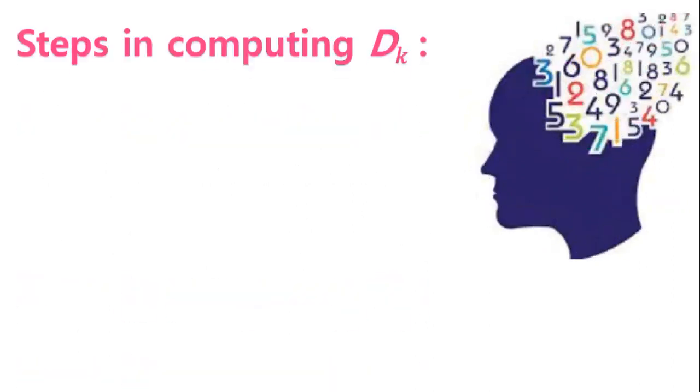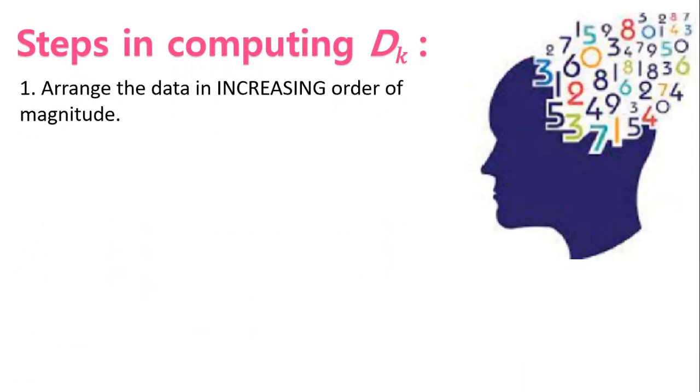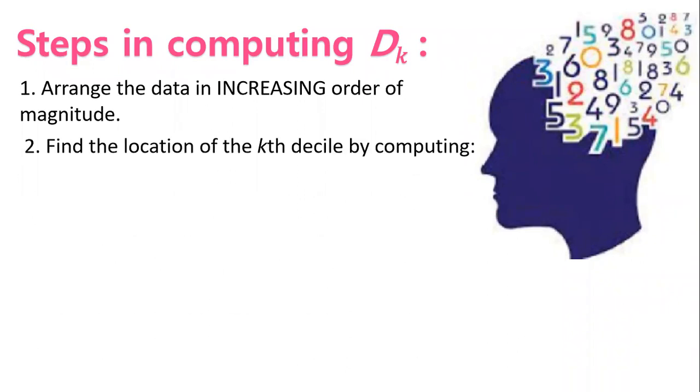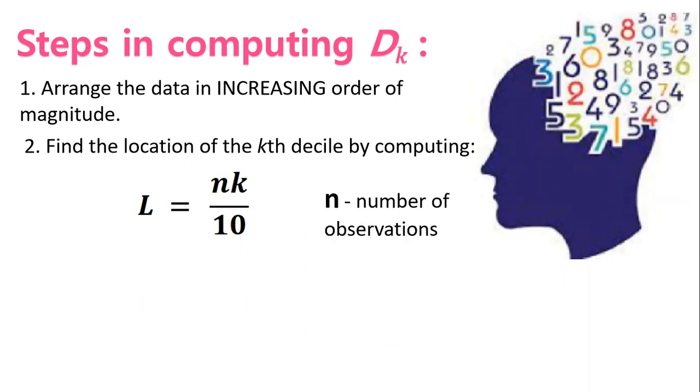For the steps in computing the kth decile, first, we arrange the data in increasing order of magnitude, same as before for percentile. Then second, we find the location of the kth decile by computing L equal to nk divided by 10. Now the denominator becomes 10 because deciles divide the distribution into 10 equal parts, where n is the number of observations.